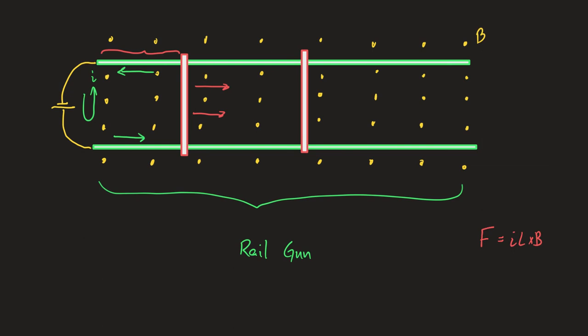But there is something here that I also want to call your attention to. Again, it's not obvious, but we're applying a force to this piece of metal through the action of electric current. And if it's not clear where I'm going with this, we're generating mechanical energy directly from electrical energy.